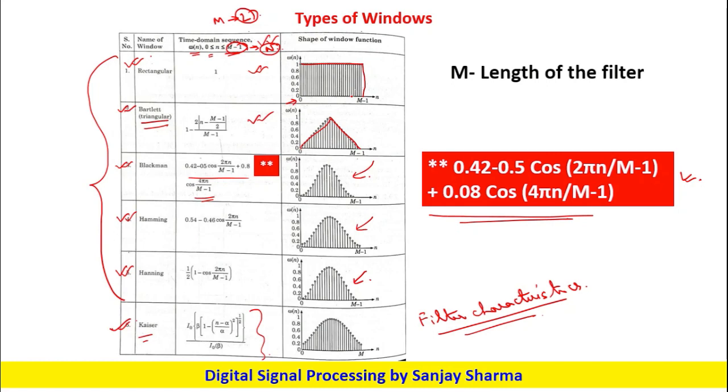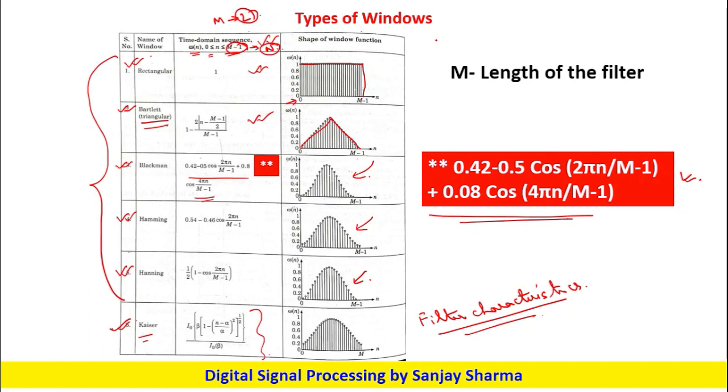Otherwise you have to remember in both the cases, both minus n by 2 to plus n by 2 region, whatever the values would be there, you have to remember that, right?